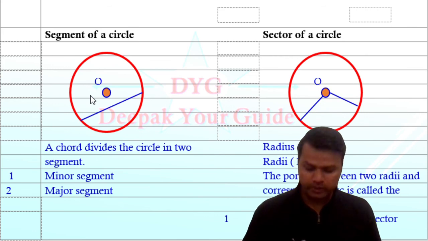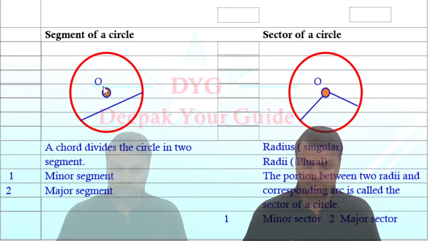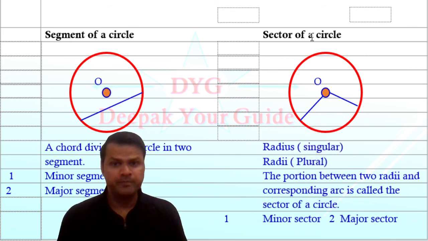And after that, we discussed about the sector of a circle. So what is sector of a circle? Sector of a circle is the part or the portion that we see between the two radii and the corresponding arc. This portion is known as the sector. Small part is minor sector, and the big part is the major sector.